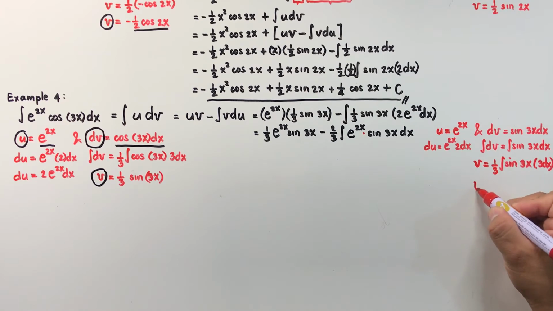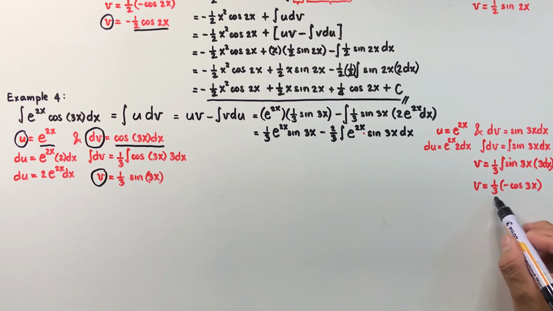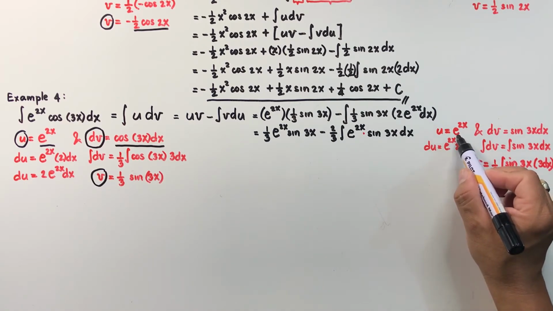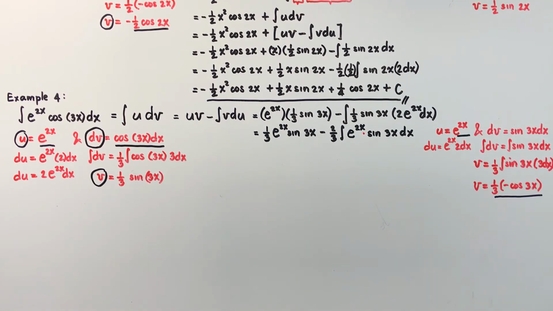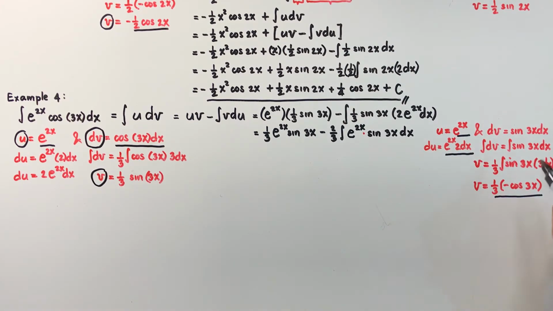So our v here is equal to 1/3 times the negative of cosine 3x, because we know that the integral of sine is negative cosine. So our v is negative 1/3 cosine 3x, and our u is e to the power 2x, but our du is e to the 2x times 2 dx, and our dv here is sine 3x dx.